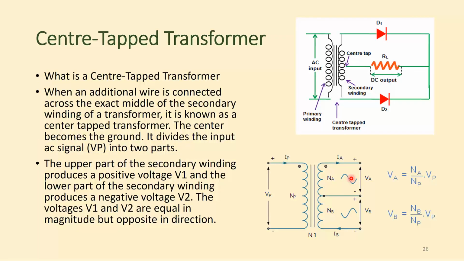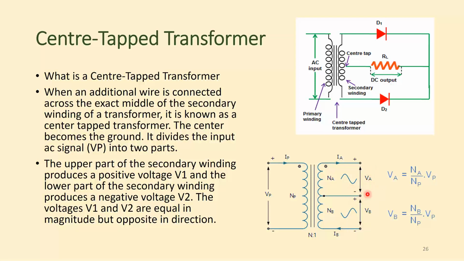So a center tap transformer. What is a center tap transformer? When an additional wire is connected across the exact middle of the secondary winding of a transformer, it is known as a center tapped transformer. The center becomes the ground. It divides the input AC signal, let's say the AC signal is VP, into two parts, VA and VB.